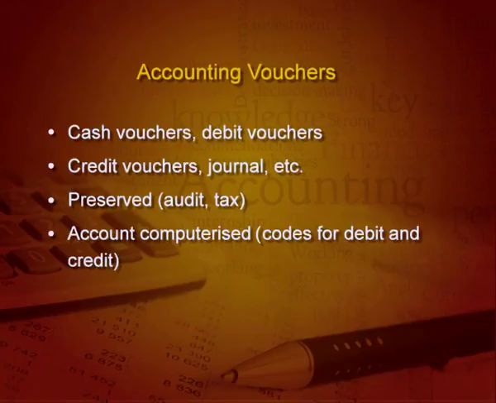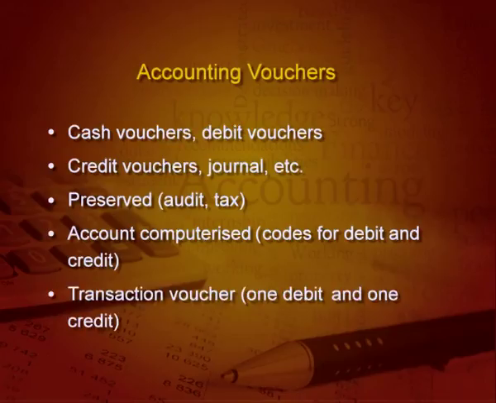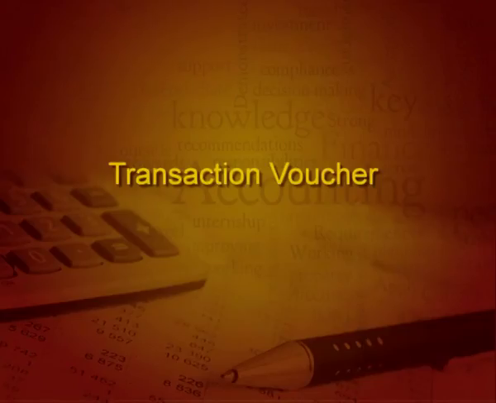As accounts are computerized these days, we allot codes for debit and credit. All the transaction vouchers which have one debit and one credit, and there can be other types of vouchers also. First, the transaction voucher.